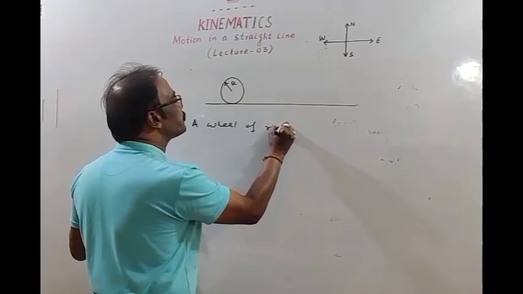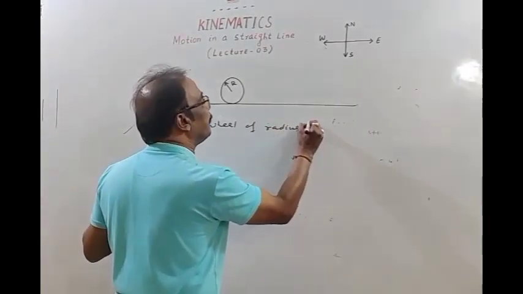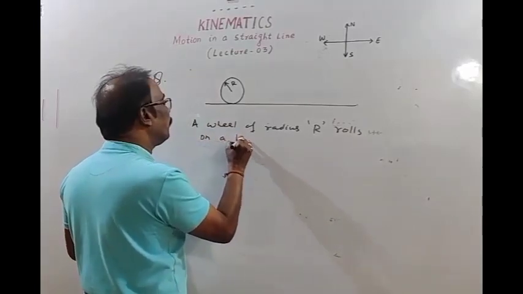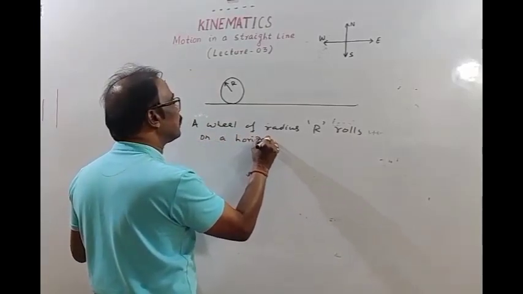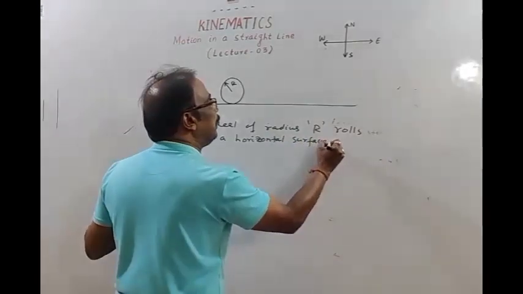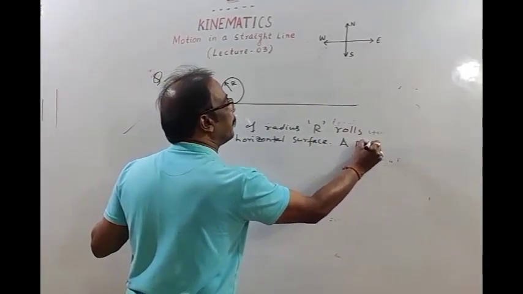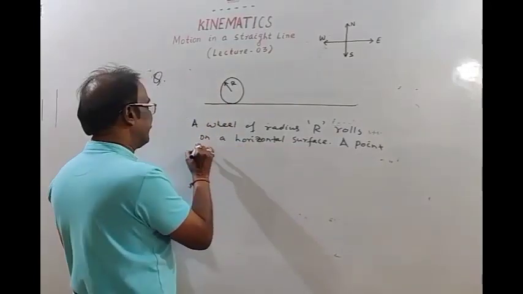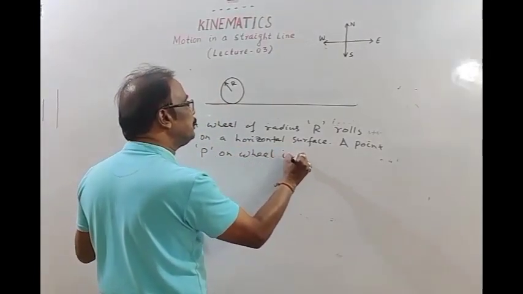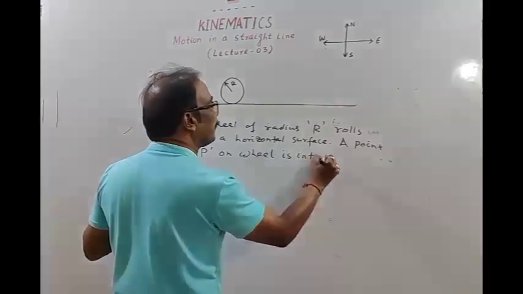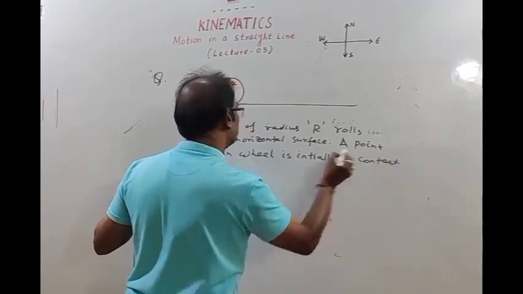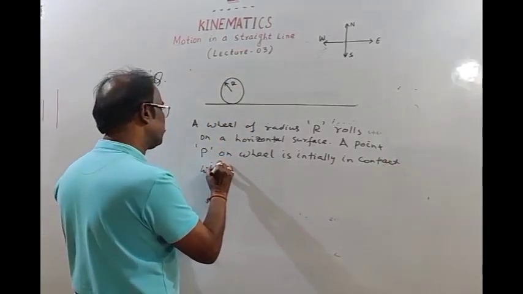A point P on the wheel is initially in contact with the surface.